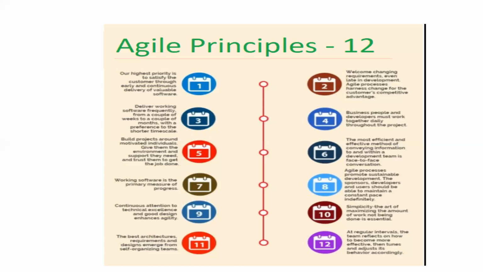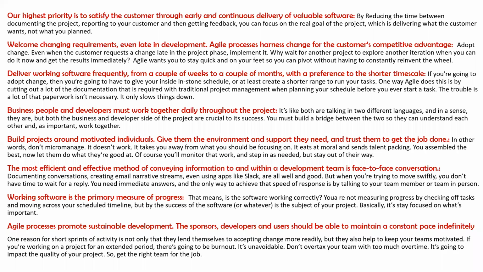So these are the 12 principles we have in the Agile process. If we follow these 12 Agile principles, we will definitely deliver the project within the time box, and it should not be delayed, should not move to the next sprint, or be added to the backlog. And if you look at the explanation of each principle, this is how.